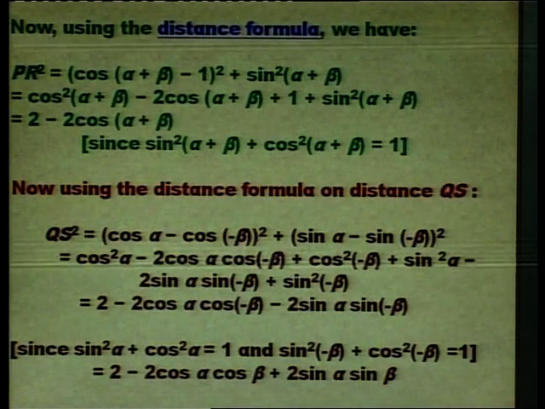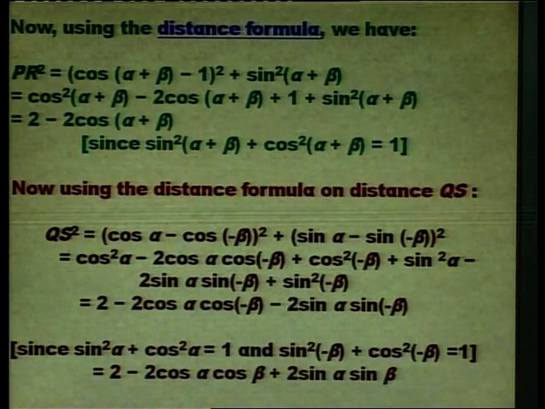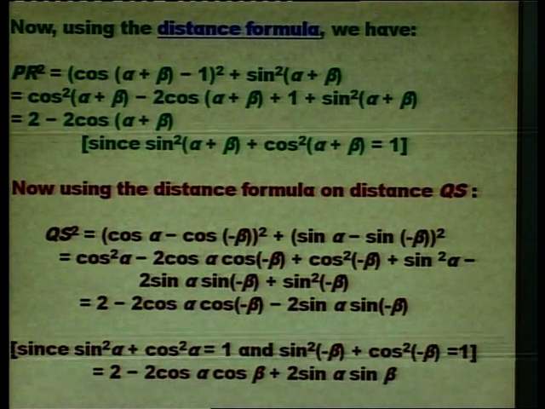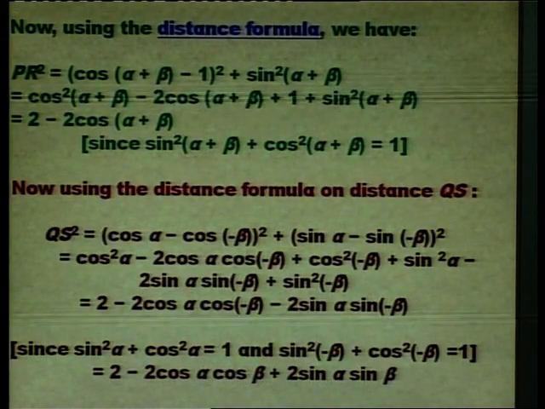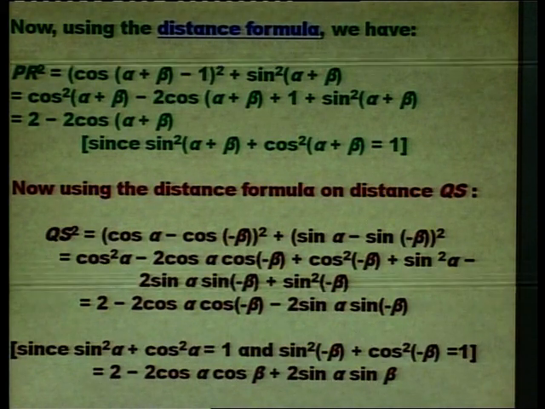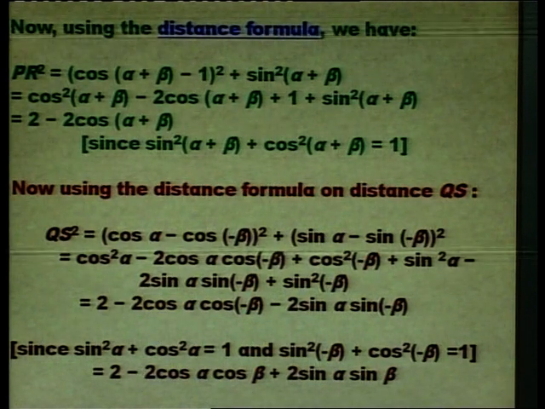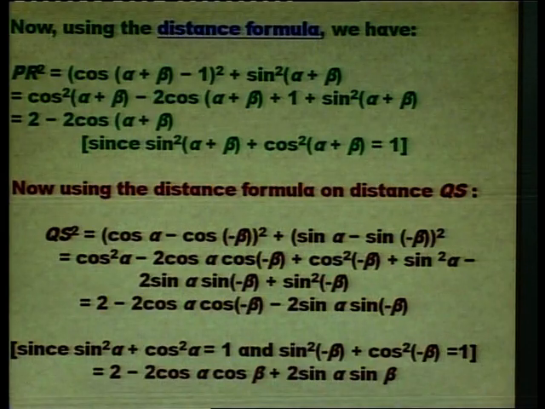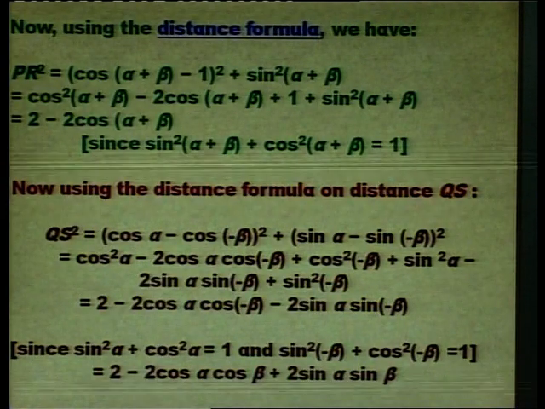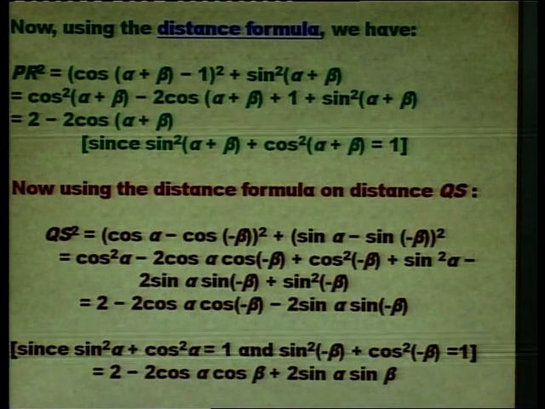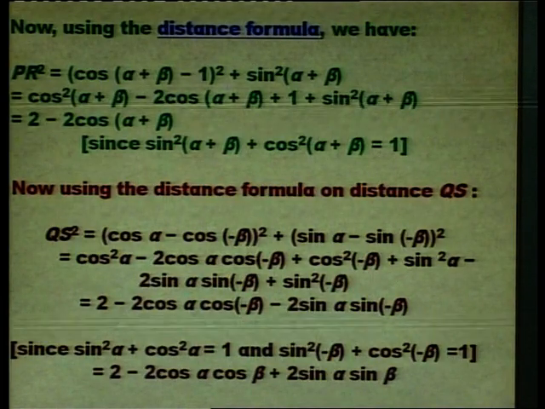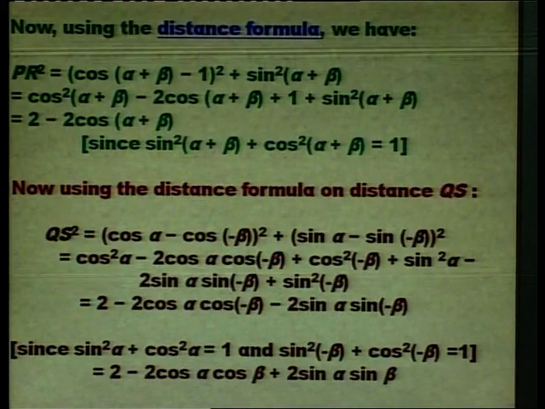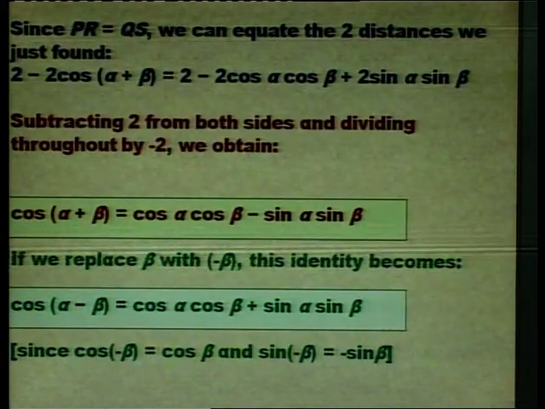Now, the second bracket will be sin square alpha minus 2 sin alpha sin of minus beta plus sin square minus beta. Once again I use the same identity, sin square alpha plus cos square alpha is equal to 1, and sin square minus beta plus cos square minus beta is equal to 1. I get the value QS square is equal to 2 minus 2 cos alpha cos beta plus 2 sin alpha sin beta.